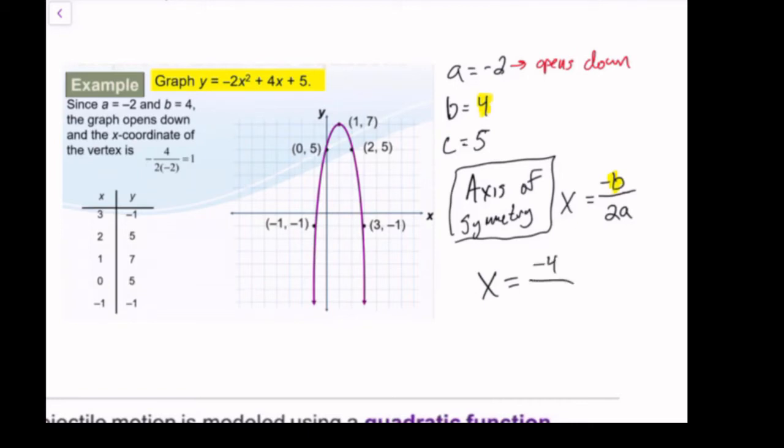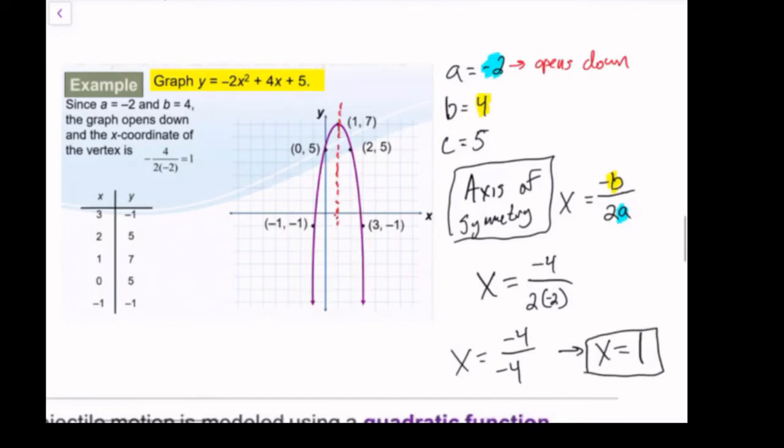So the minus b will now be a -4 in the numerator, and in the denominator, 2 times -2. 2 times the -2 is a -4. -4 divided by -4 is a +1. A negative divided by a negative is a positive. So that tells us the equation of the axis of symmetry always is going to be x equals a number, in this case x equals 1. So we can find the axis of symmetry with just the given equation.